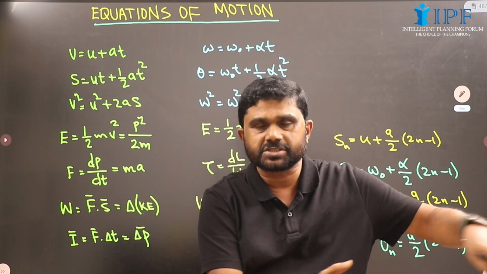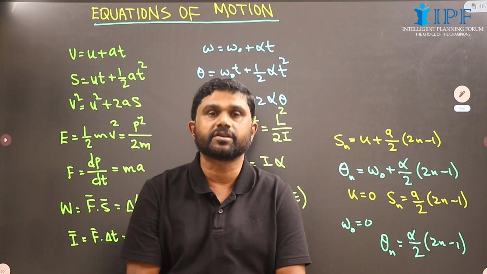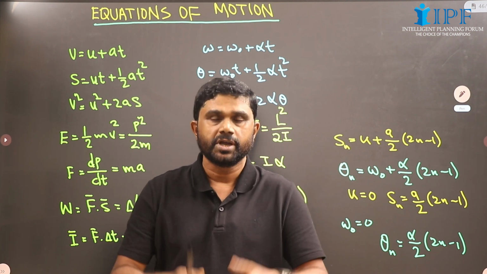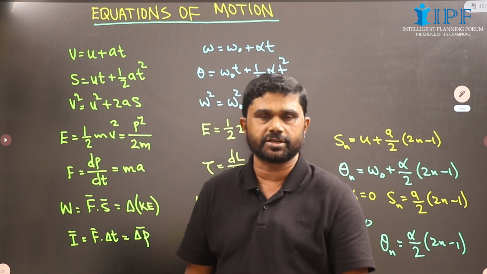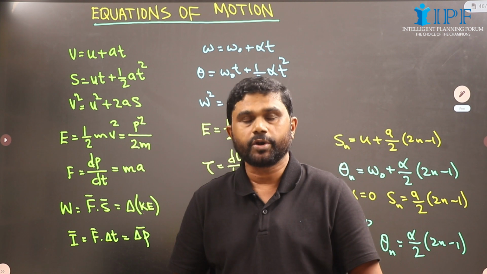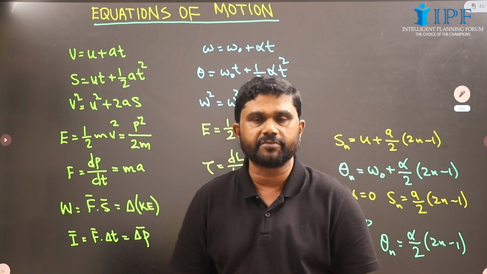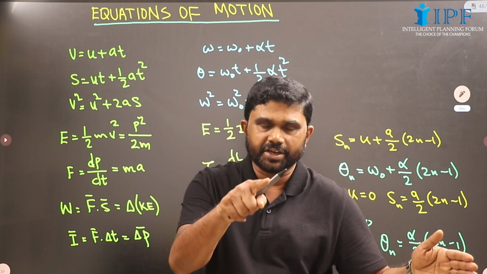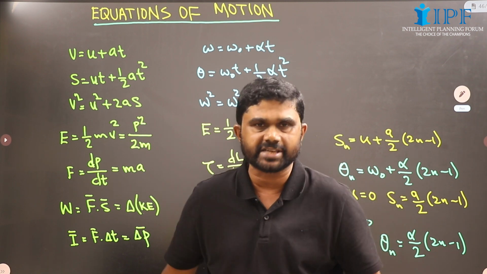The same relation we can apply in the reverse order, and similarly in rotational motion also. If a body comes to rest with uniform angular deceleration or angular retardation, then the ratio of displacements in successive equal intervals of time will be 7:5:3:1 if there are 4 intervals, and 5:3:1 if there are 3 intervals, like that.